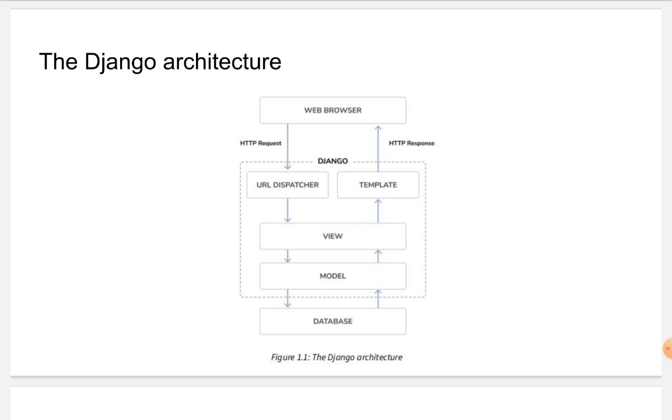We will get back to the Django request/response cycle at the end of this chapter. Django also includes hooks in the request/response process, which are called middleware. They have been intentionally left out of the diagram for the sake of simplicity.